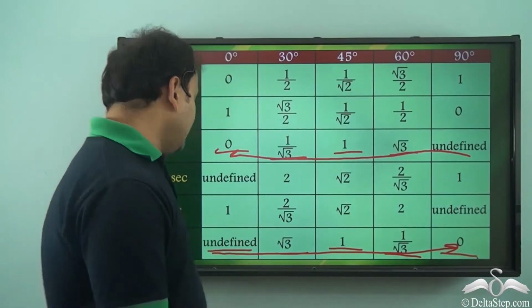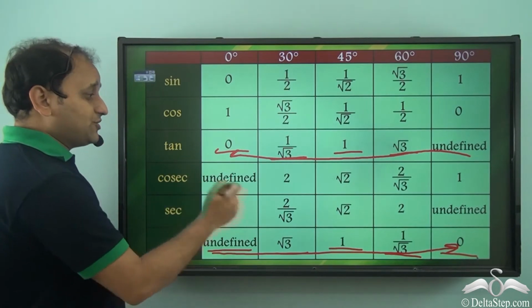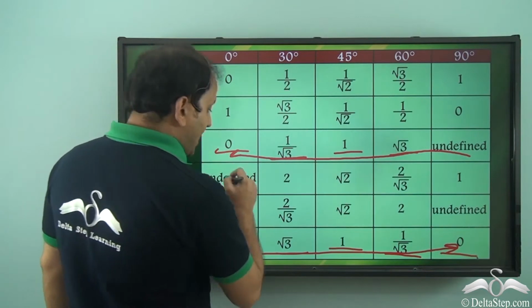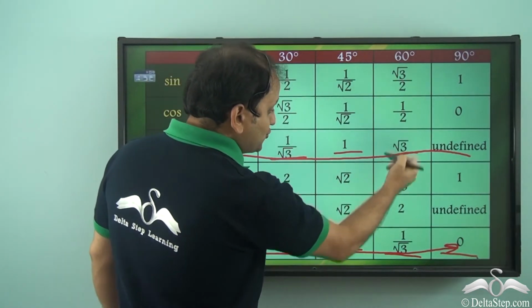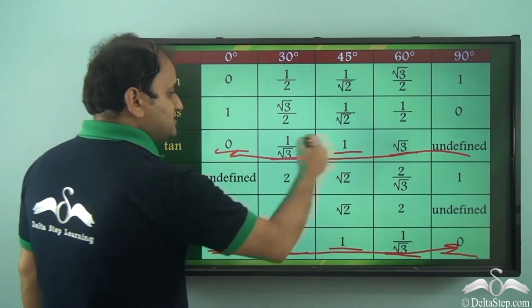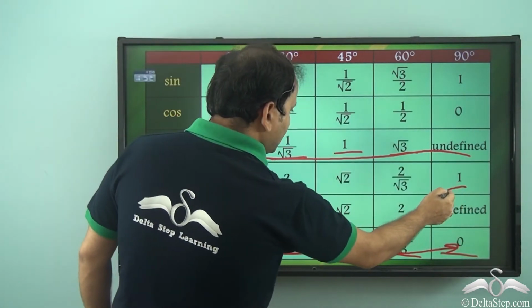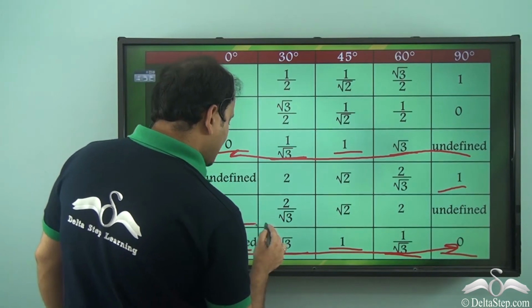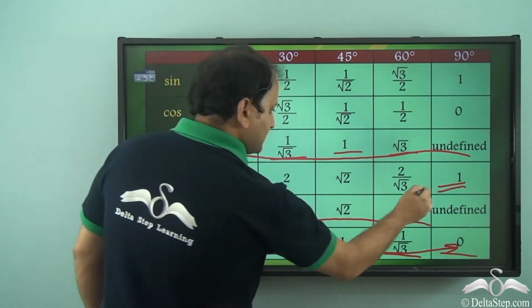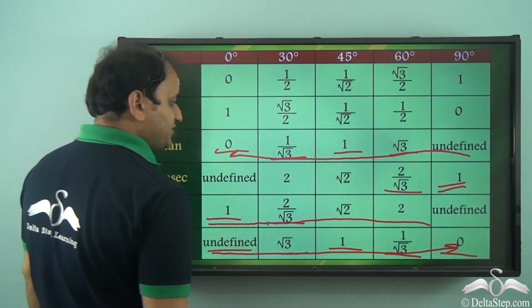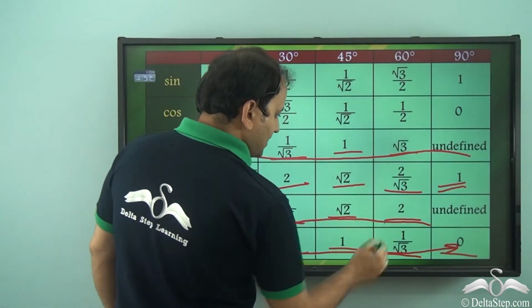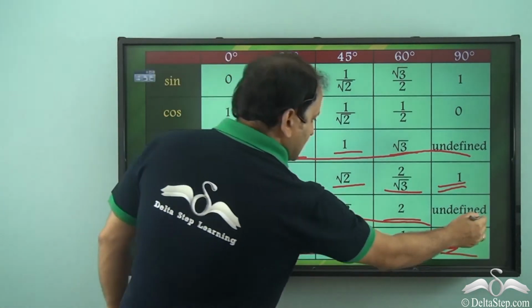And similarly, even for cosec and sec, you can do the same. That is, for cosec, you have undefined, 2, root 2, 2 by root 3 and 1. Now if you reverse this order, that is, if you start from here and you start writing here, that is 1, 1, 2 by root 3, 2 by root 3 here, root 2, then 2 comes here and undefined comes here.